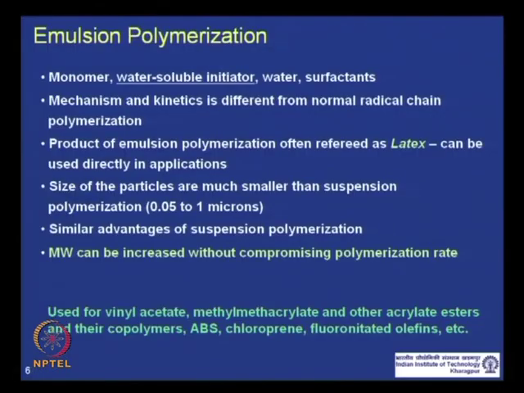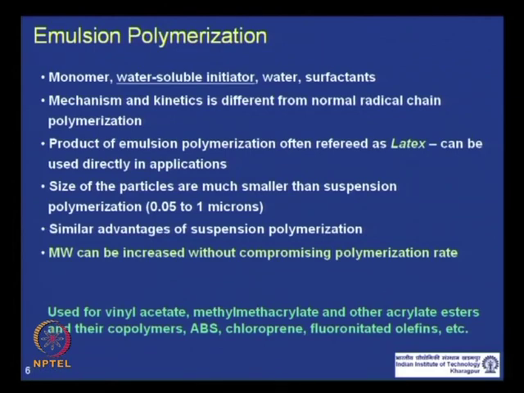It is used for monomers like vinyl acetate, methyl methacrylate and other acrylic polymers, and it is also applied to copolymers like acrylonitrile butadiene styrene, ABS, and rubber and fluorinated olefins. Now, this emulsion polymerization is of great industrial importance.